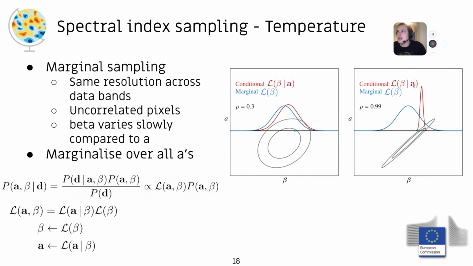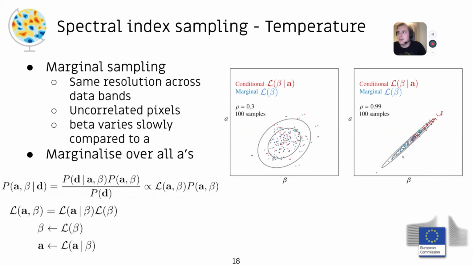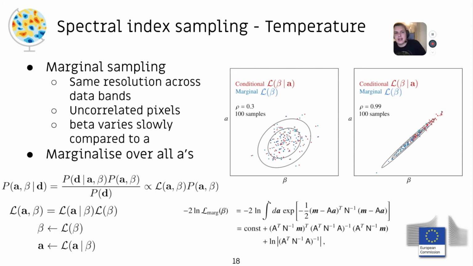So instead of using the conditional, which is the red line, we sample across the full width of what's possible in beta space. What that gives us after 100 samples is a much better representation of the true distribution. And the likelihood looks like this.